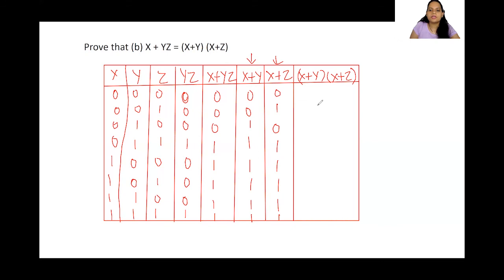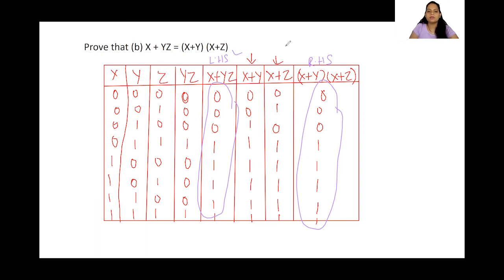So 0, 0, 0, 1, 1, 1, 1, 1. This is my left hand side and this is my right hand side, isn't it? Check the values here. Aren't they both the same? Hence, we have proved using the truth table also that this law is proved, right?